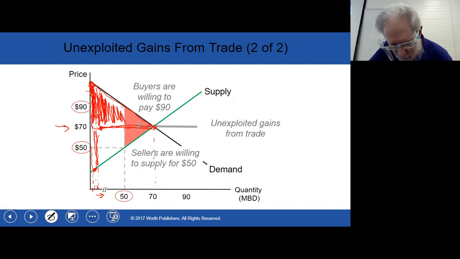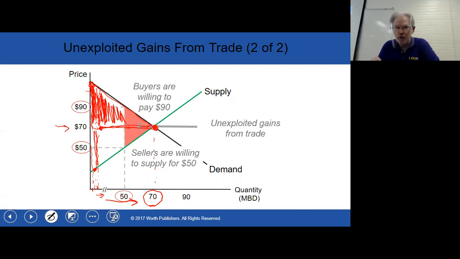As we move to more and more units, the minimum price producers are willing to accept is getting higher and higher, okay? As you see the supply curve going up. Once we get to the equilibrium, that point on the supply curve is telling you, in order to motivate a producer to produce that 70th unit, what is the price they have to receive?